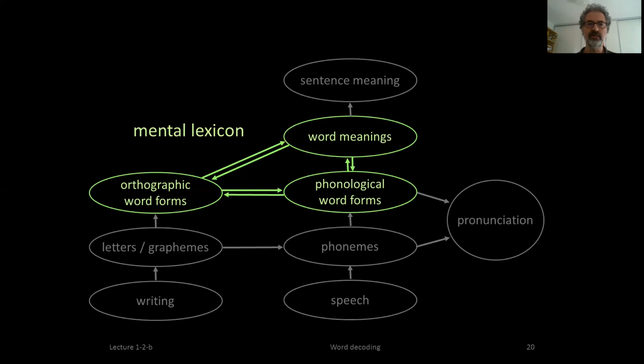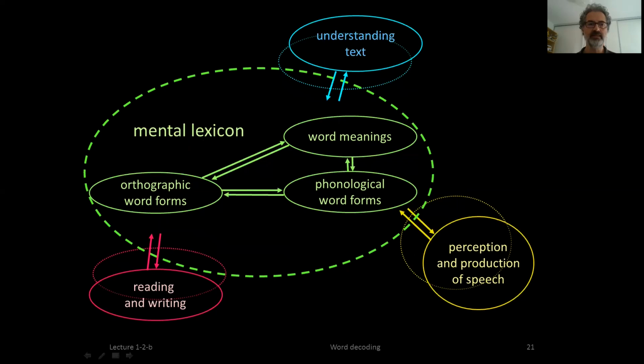And these are all connected because they get connected and strengthened every time you encounter them. And so every triplet like this is a word you know, is a representation of a word in your mental lexicon. Lexicon means dictionary. So this is the dictionary of your mind in which words are represented by these three parts.